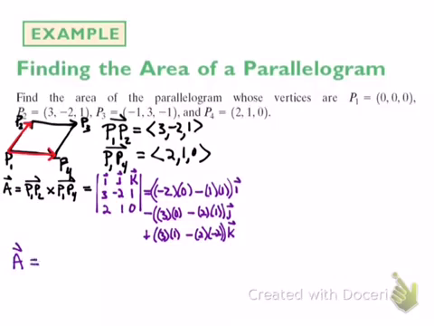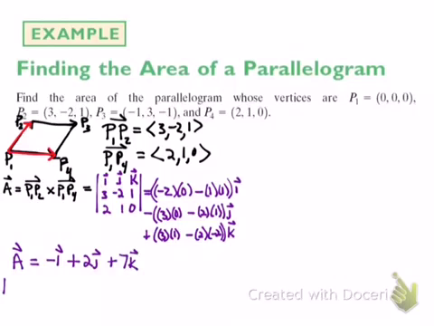It will be negative 2 times 0 minus 1, which is just a negative 1, so that's negative I, and then minus 0 minus 2, so I'm subtracting a negative 2 or adding a positive 2, J, and then for the K, I'll be adding the 3 times 1, so 3 minus a negative 4, or 3 plus 4 is a 7. Okay, so that's my area vector.